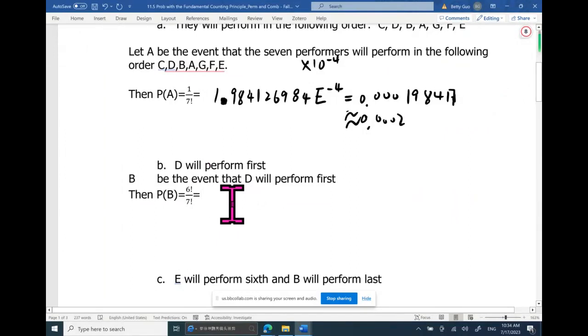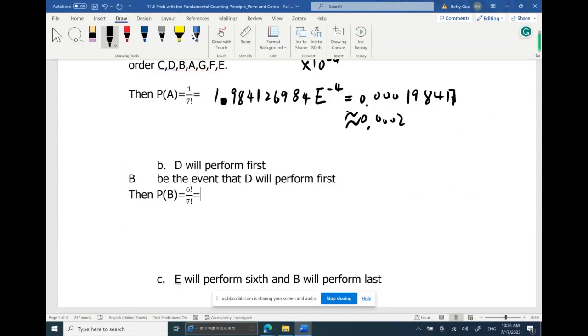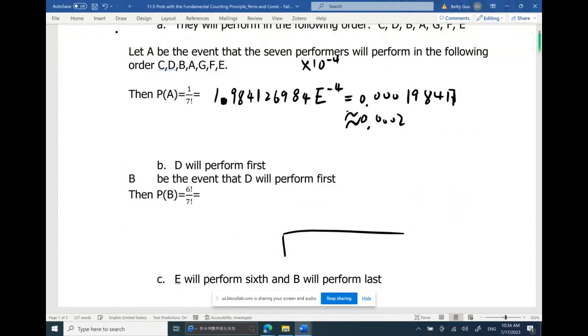The numerator is 6 factorial because of how I like to do permutations. We have 7 performers, so we have 7 time slots: 1, 2, 3, 4, 5, 6, 7. In event B, D performed first, so D is already here.